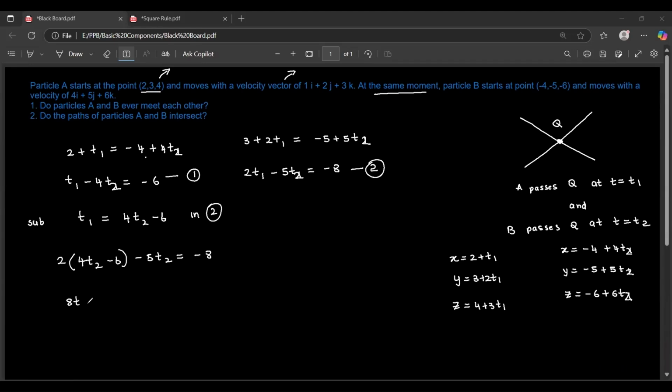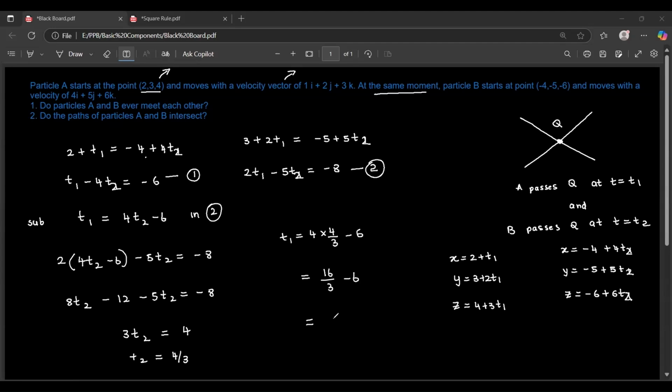So that is 8t2 minus 12 minus 5t2 equals minus 8. That gives me 3t2 equals 4, so t2 is equal to 4 over 3. So t1 will be 4 into 4 over 3 minus 6, which is 16 over 3 minus 6.